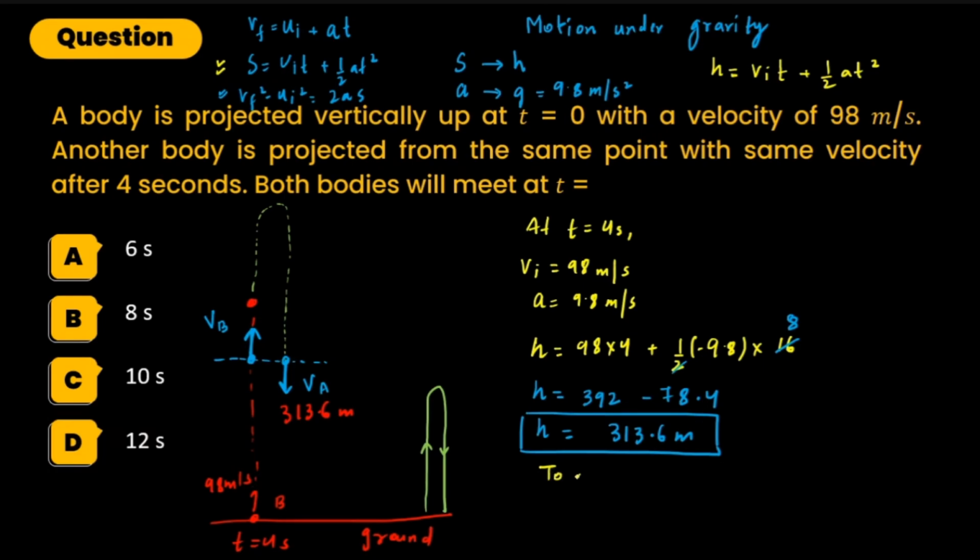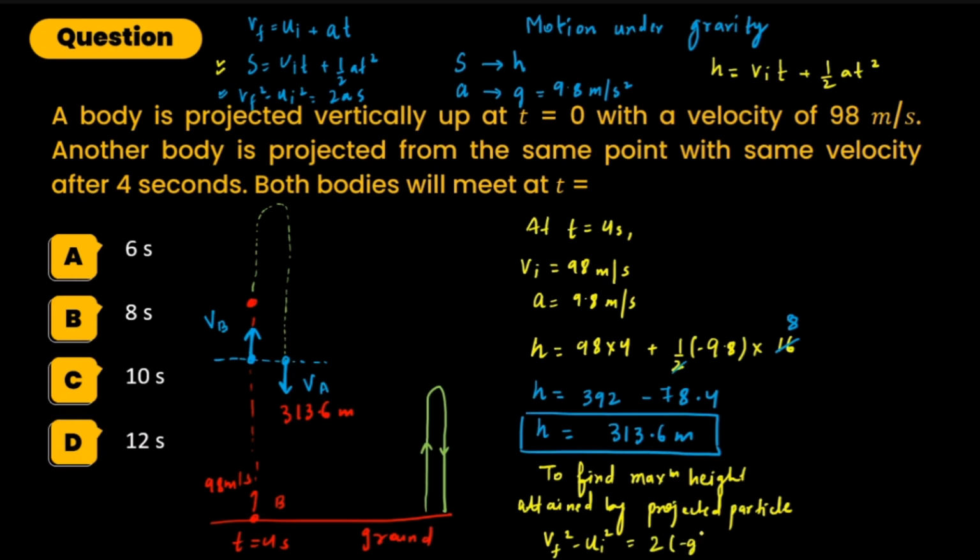To find the maximum height attained by the projected particle, we'll use v final squared minus v initial squared is equal to twice of negative g into h. This is what we can write here.